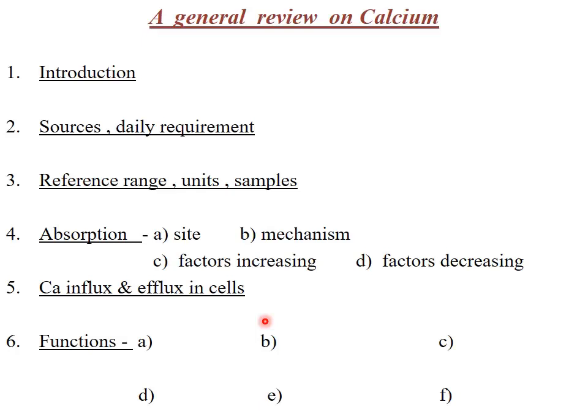Coming to the functions of calcium. The very first function is that calcium causes the activation of many enzymes. One very good example is calmodulin, a protein which binds with calcium ions. Thereby it activates particular enzymes like protein kinase.